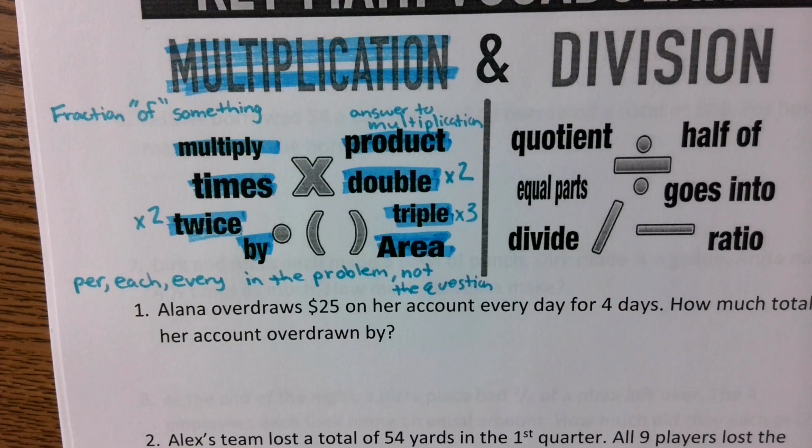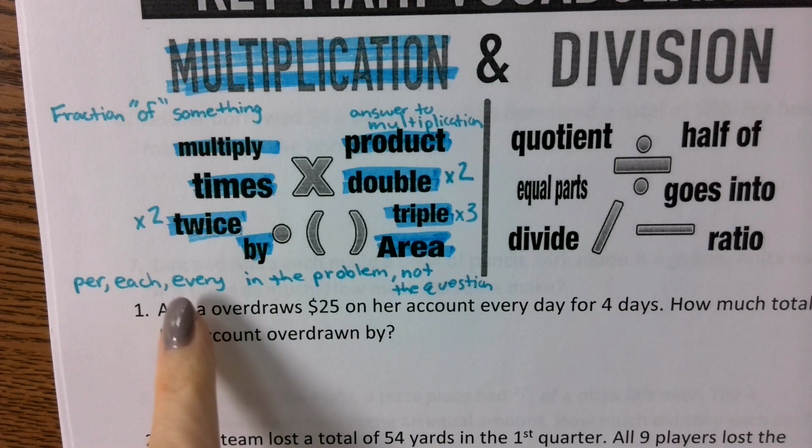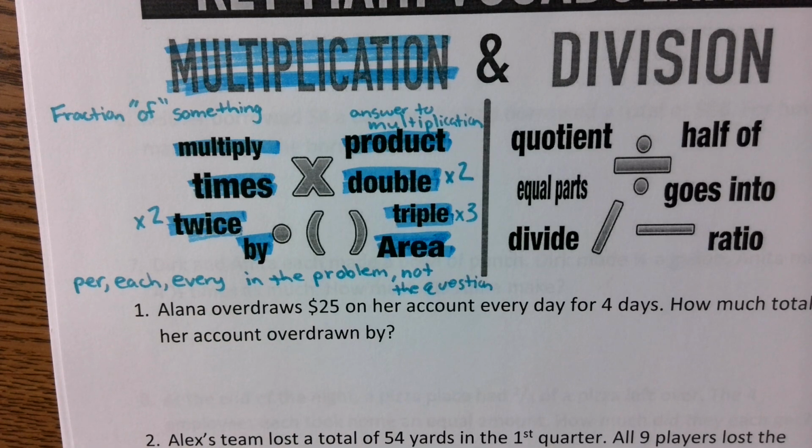Per, each, and every are key phrases or words that would reference a multiplication problem as long as the word per, each, or every is not inside the actual question.